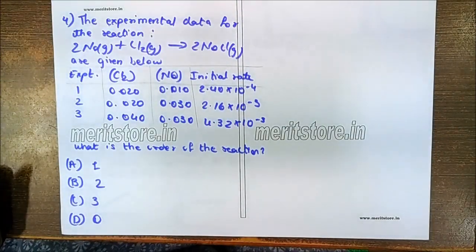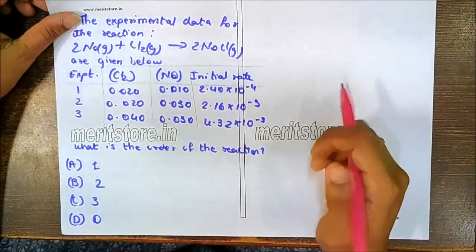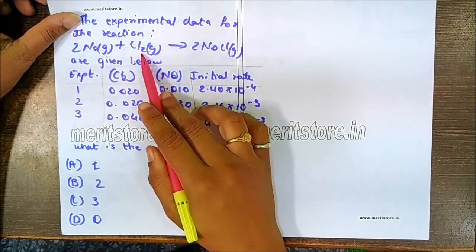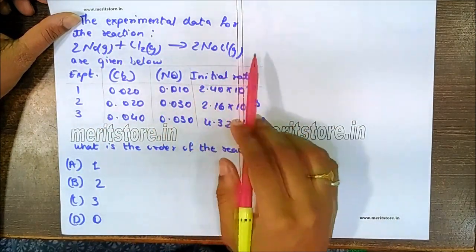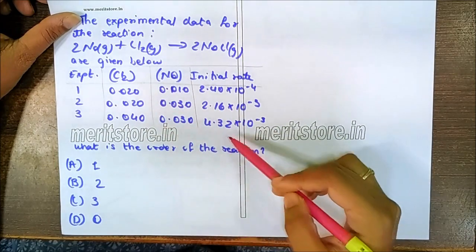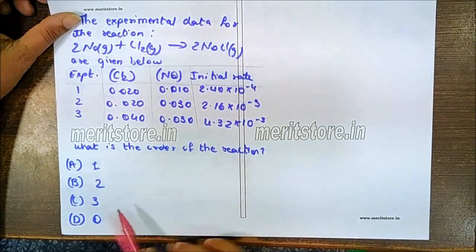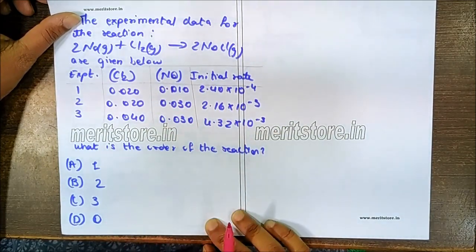The experimental data for the reaction 2NO plus Cl2 giving 2NOCl is given. We have to find out the overall order of the reaction.